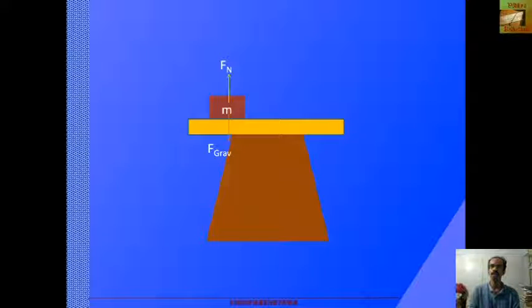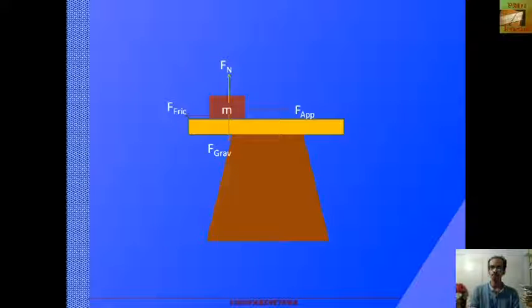But when we apply a force F to this object, there is a force of friction being exerted at the interface between this object and the table.